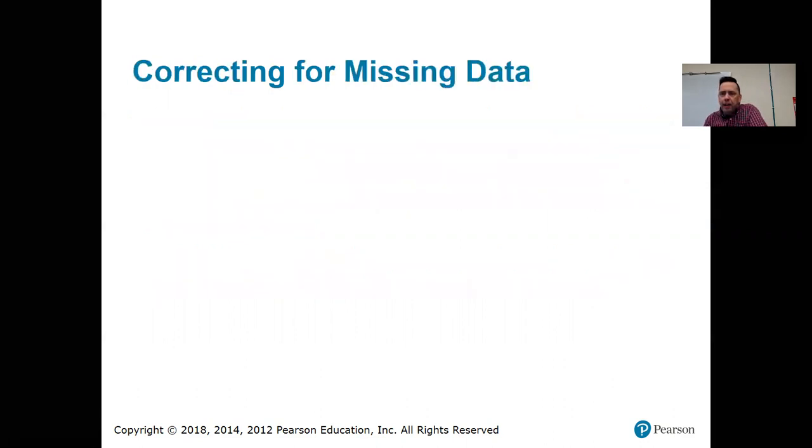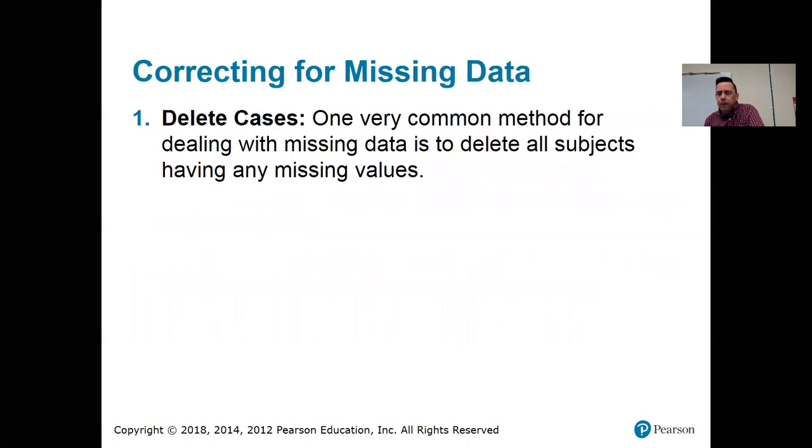All right, so how do you correct for missing data? One common method is to delete all subjects having any missing values. So let's say again that I'm collecting data on Merced College students, and I want to know what year they are in school, what their major is, what their GPA is, how many units they have completed, and how many units they are taking this semester, a bunch of different things.